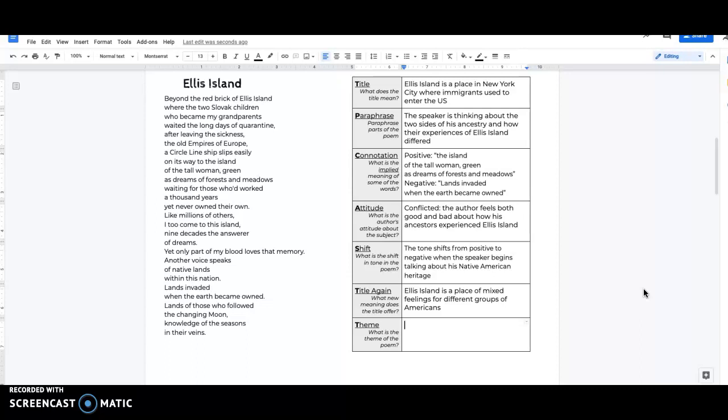The theme is, let's say, immigrant Americans have vastly different feelings and experiences. So that is applying the TP-Cast strategy to Ellis Island.